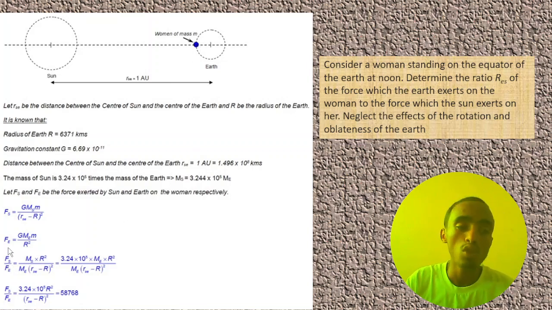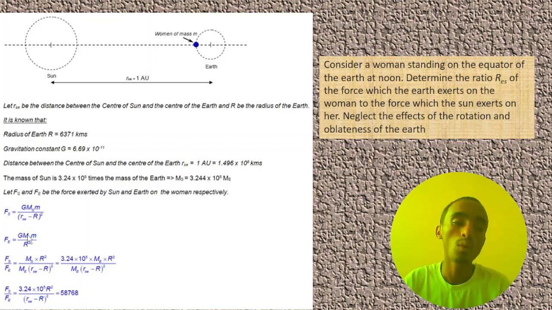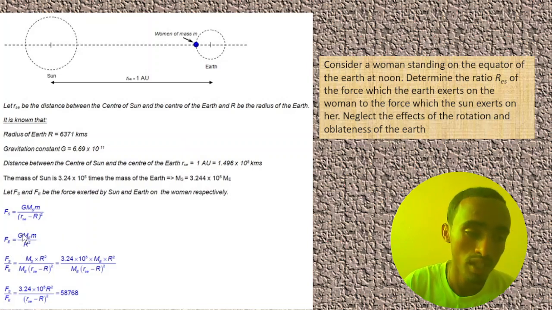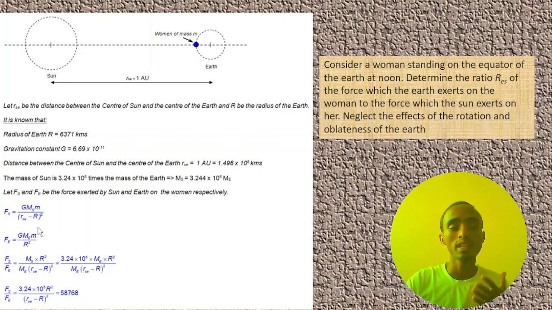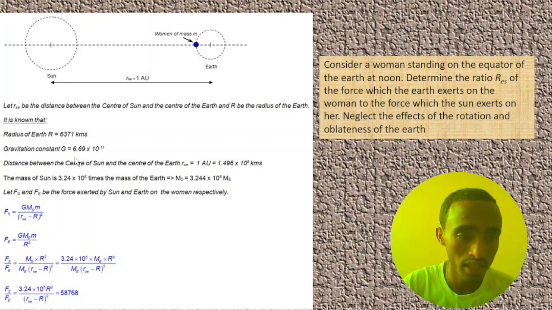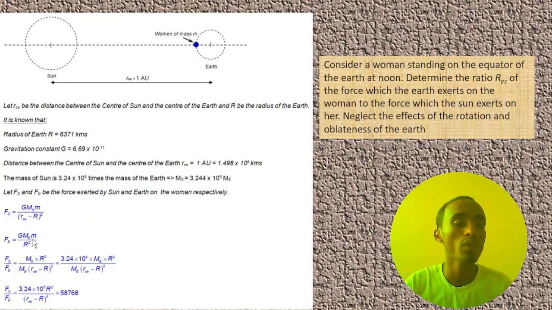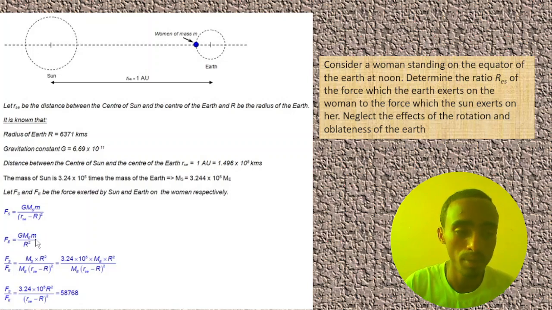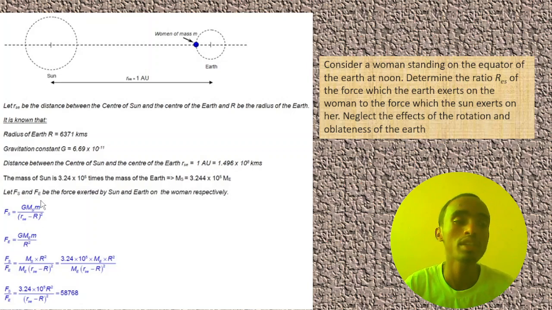And the force exerted by the earth on the woman is given here: the gravitational constant times the mass of the earth times the mass of the woman over r squared. The gravitational constant is given here, and the mass of the earth is known, and the mass of the woman is not given, but it cancels when we take the ratio of these forces.